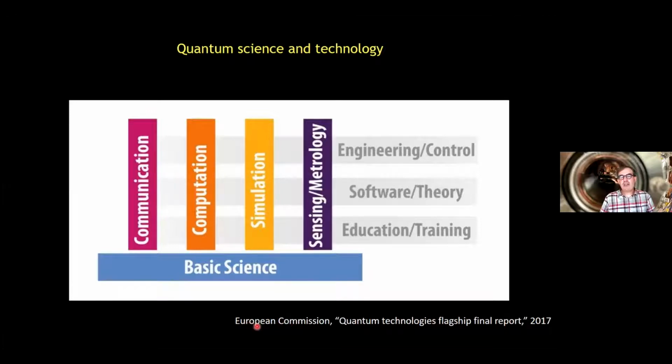Here's at least the European view of things, which is that on top of a foundation of basic physics science and computer science, there's going to be the establishment of various pillars for quantum technologies to make impact in the future in the area of communications, so sending qubits or codes around; computation, of course, trying to exceed classical computers; simulation, which is understanding quantum systems by representing them with other quantum systems; and then sensing and metrology, which is looking at fundamental aspects of nature, but also making more precise measurements. And cold atoms have a role in all of these pursuits.